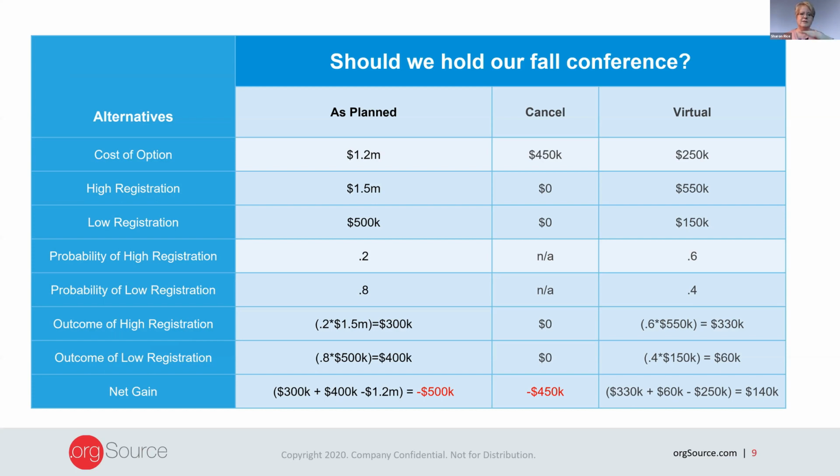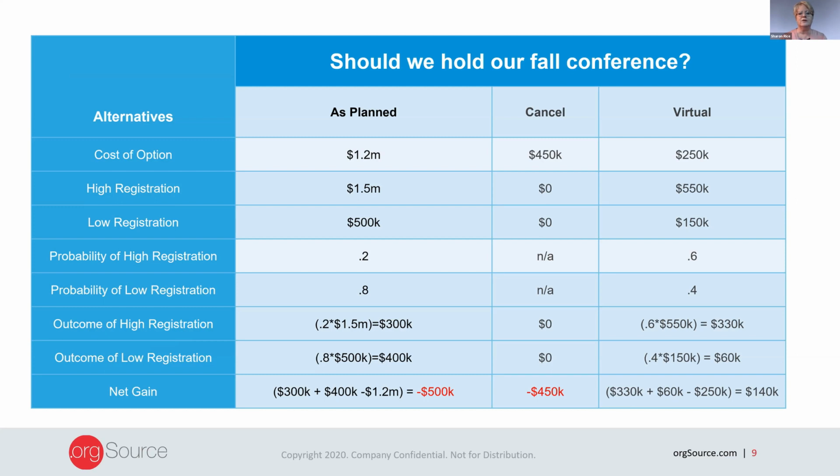I'm setting that mark, and I'm saying in the best case scenario, by the time we get to the fall, let's say that we had a vaccine, whatever is holding us back from being able to hold our fall conference, or be confident that we're going to be able to hold it, is no longer a factor. So my high registration is what I budgeted, and that budget was based somewhat on last year in my scenario.